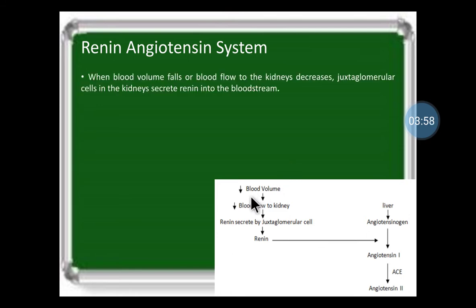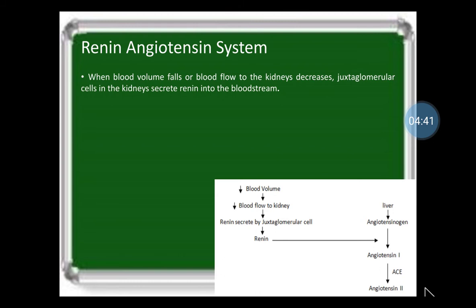When the blood volume or the blood flow to the kidney falls, the juxtaglomerular cell in the juxtaglomerular apparatus of the kidney secretes renin, and on the other side angiotensinogen, which is a protein, is produced and secreted by the liver cells. Then renin acts enzymatically on angiotensinogen to release angiotensin I. The angiotensin converting enzyme acts on angiotensin I and converts it into angiotensin II.